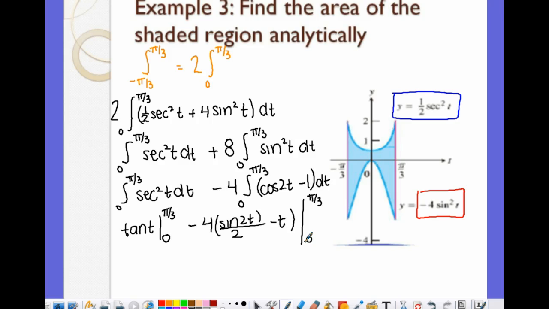So, tangent of 5/3. Tangent of 0. 4 divided by 2 is 2.